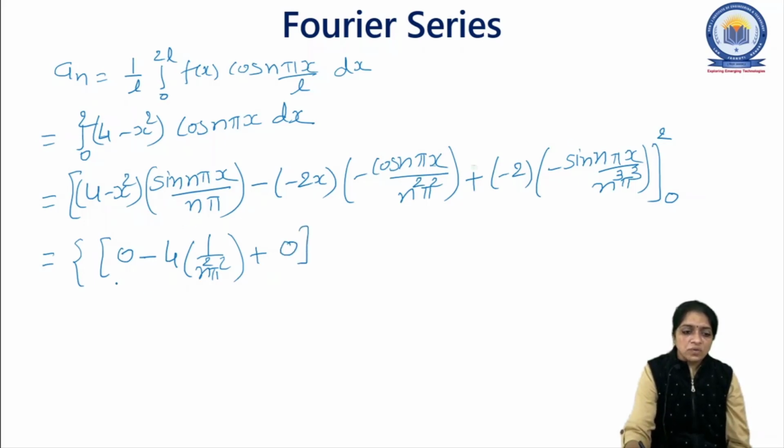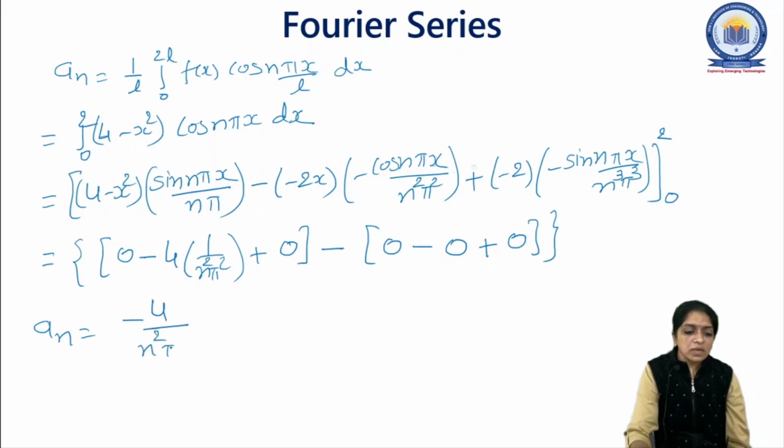Now for the lower limit: sin 0 is always 0; in the second term x is 0, so 0 into anything is 0; and sin 0 is again 0, so this is the value for the lower limit. So the final value is minus 4 upon n square pi square, right?